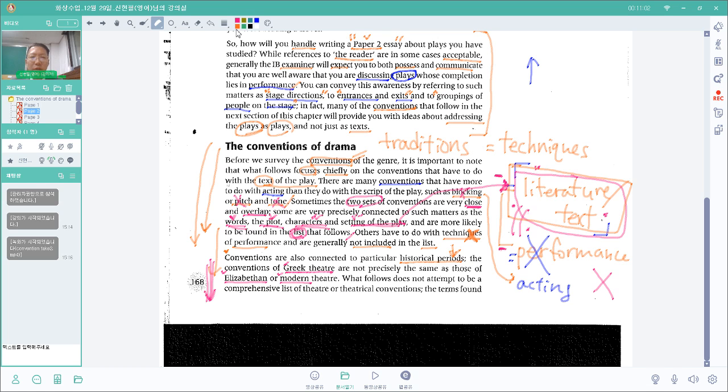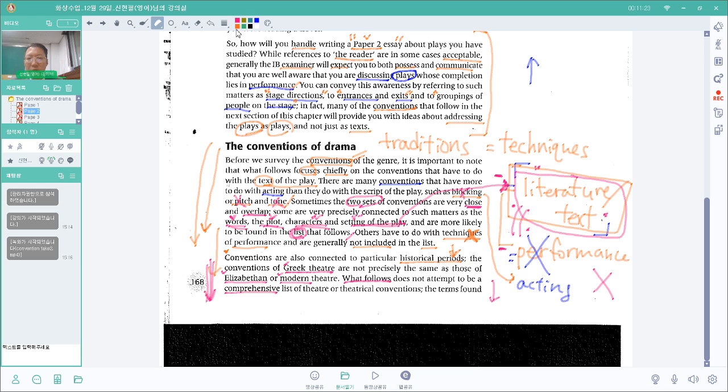So what follows does not attempt to be a comprehensive list of theater or theatrical conventions. The techniques that follow in this later part do not try to include a comprehensive list.